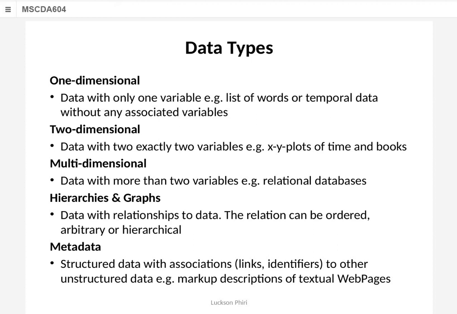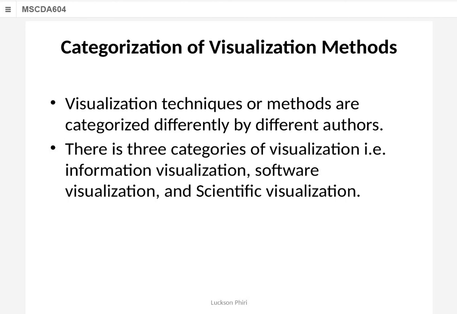Then we have hierarchies and graphs. That is data with relationships to data, and we also have metadata, that's structured data with associations, links, identifiers like web pages, etc., etc. So when you are doing visualization, you need to know the type of data you are dealing with, so that you'll be able to know how you can work with the data.